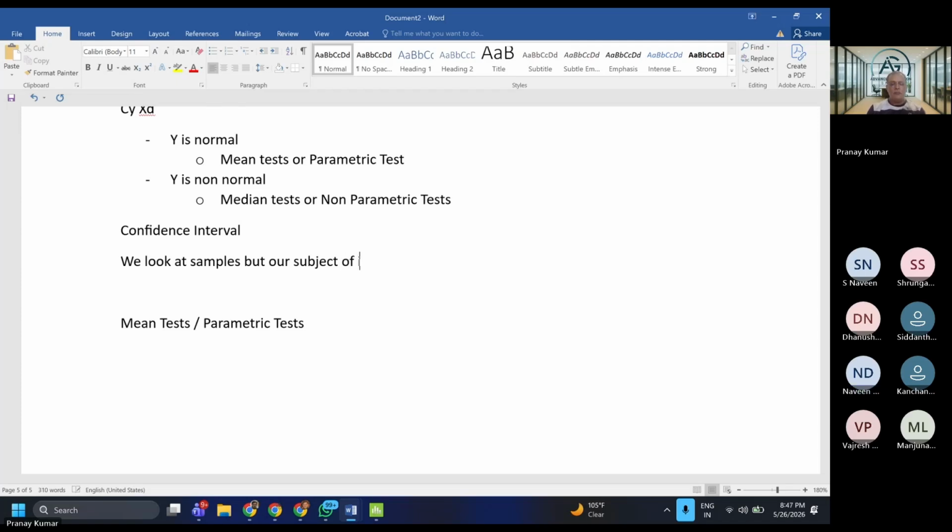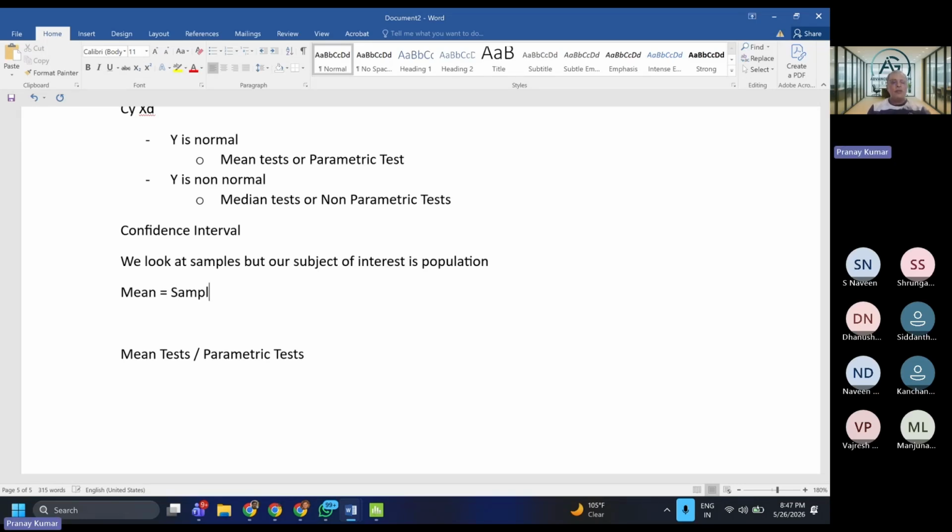Yes, sir. So let's say I have data on the quantity of broken biscuits. I took the mean of the total breakage, but actually that mean is a sample mean, correct, everyone?